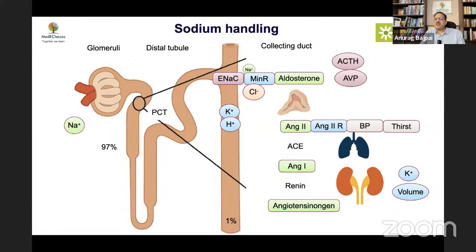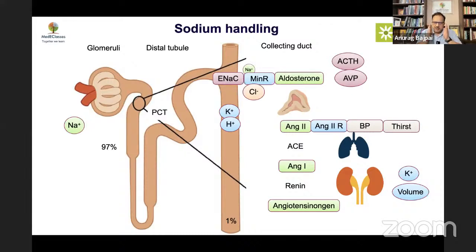Now, ACTH and vasopressin have some permissive effect on aldosterone secretion, but the major regulator of aldosterone is actually at the level of volume and the renin system and not ACTH. This is very, very relevant, and this is what Dr. Pratik will talk about in the setting of central cortisol deficiency or ACTH deficiency.